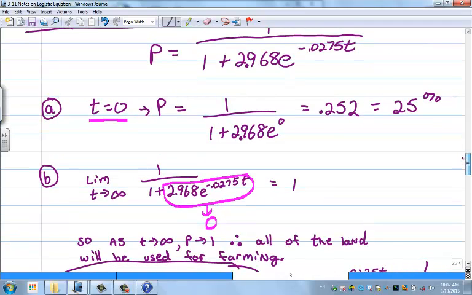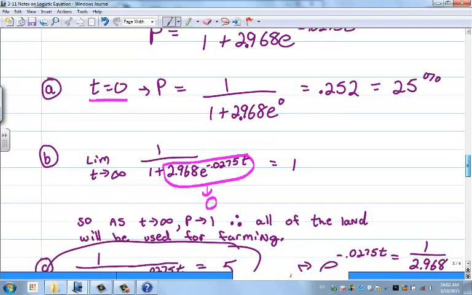The next part, I can only assume that they are asking you what the limit of the land is. So the limit as t approaches infinity of this land. So what you're going to do is you're going to take the limit as t approaches infinity of this function.